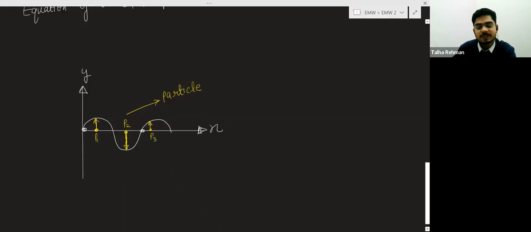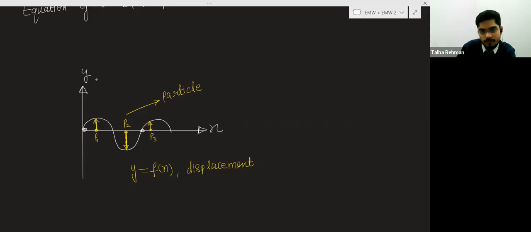So with distance the displacement of the particle is changing. So you can say y is a function of x, that is, the displacement of the particle changes with x.